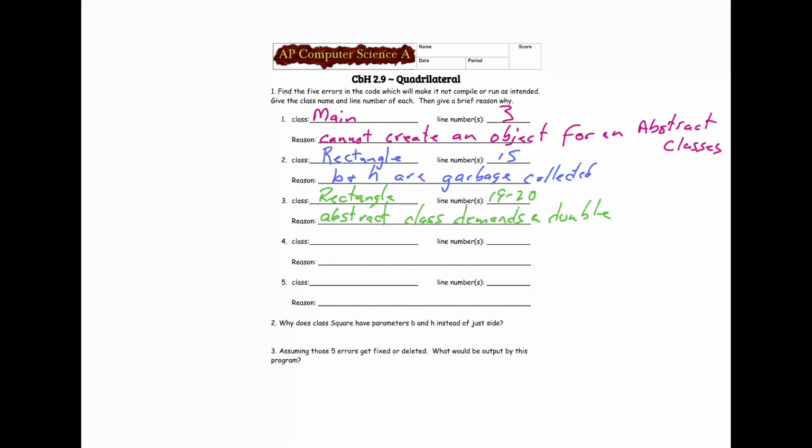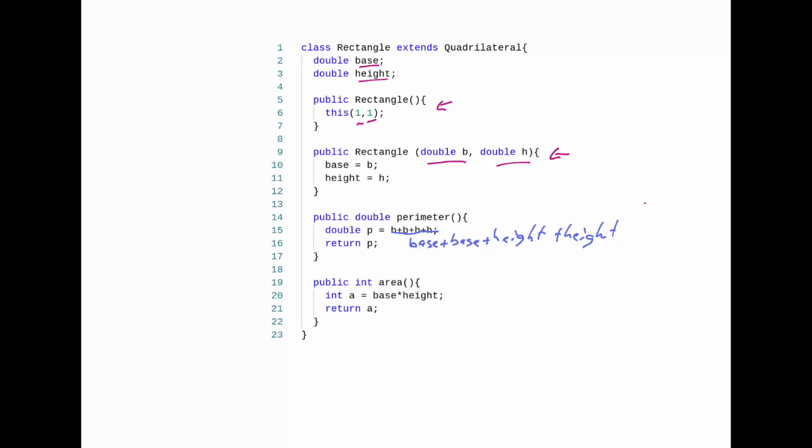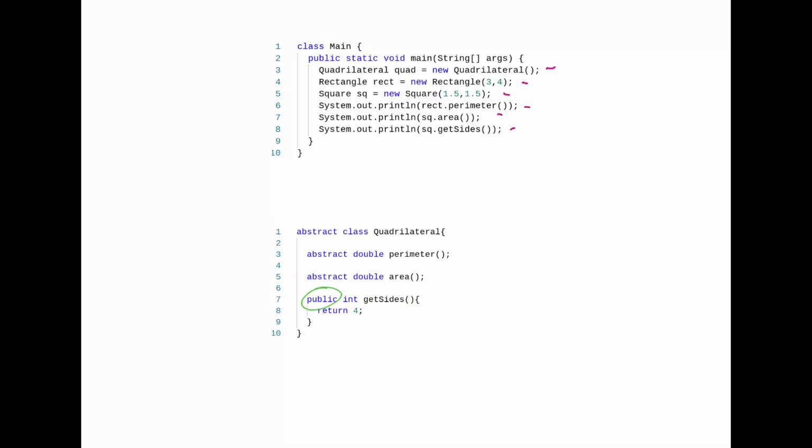All right, so the abstract class demands a double. If I go to Rectangle lines 19 and 20, we will see that it says public int area, and we're returning an int. But if I look in my abstract class, it tells me that it needs to be a double.